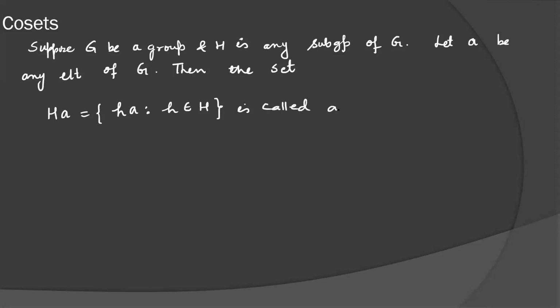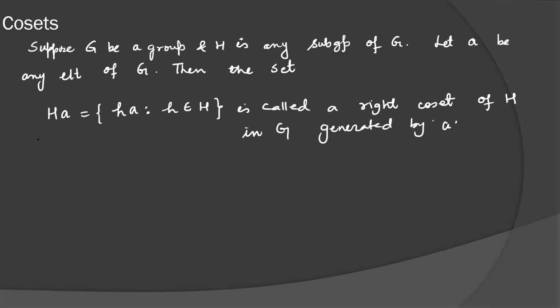It's called a right coset of H in G generated by A.